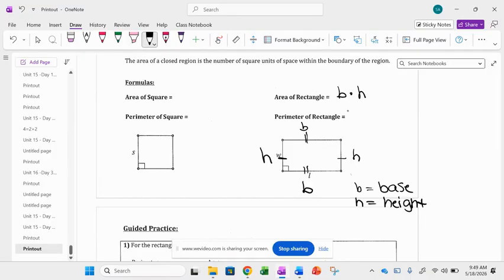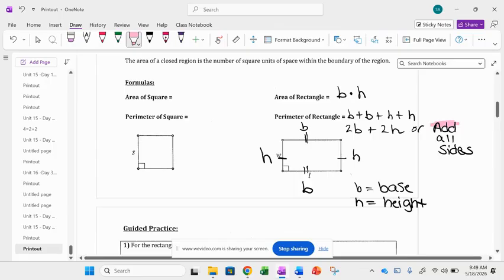So if we wanted to find the perimeter, it would be 2 times the base plus 2 times the height. Or just add all the sides. So when in doubt, if we want to find the perimeter of anything, we just add all the sides.